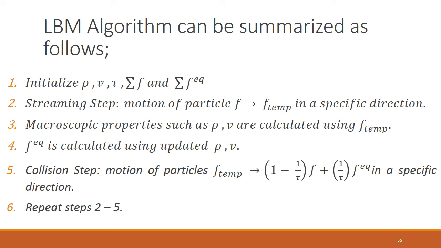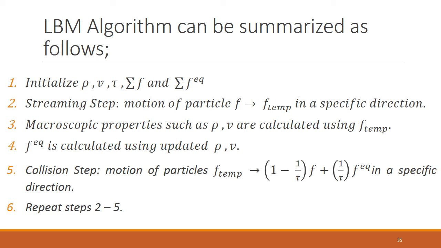In the F temp, we calculate with the updated F equilibrium and the previous F, the initial F, and we get a temporary value. We put it back into the second step and update step number 2.